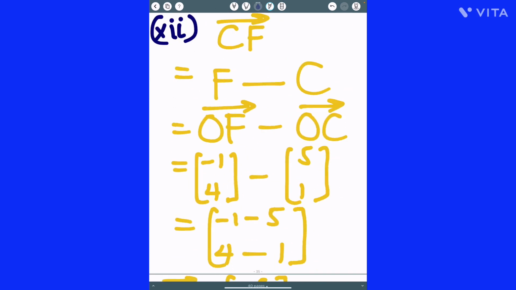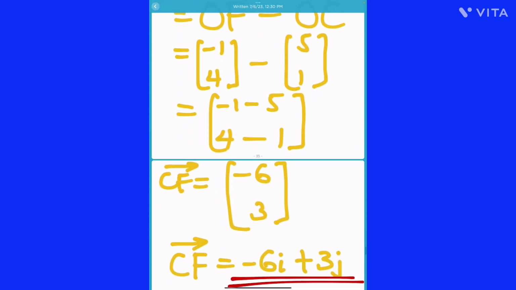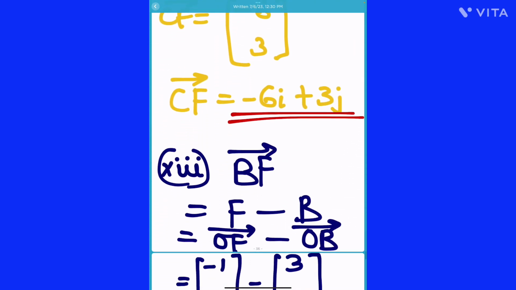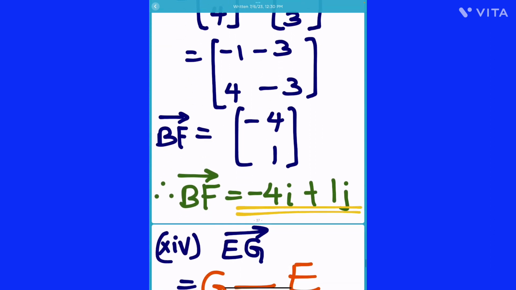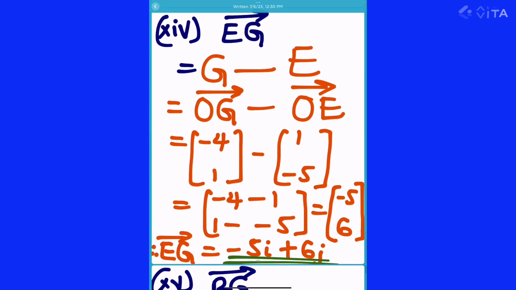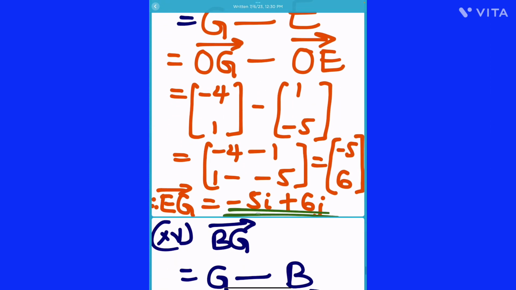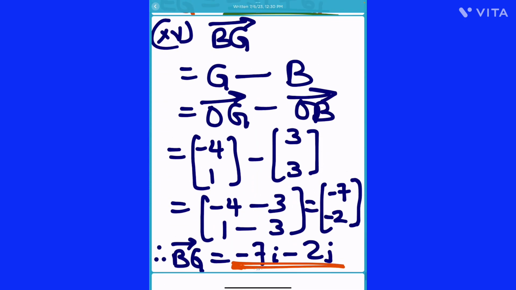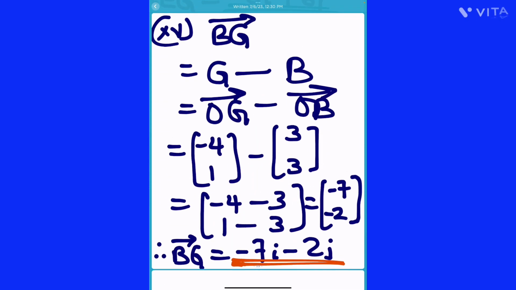Each of the rest, question 11, question 12, question 13, question 14, and question 15, is the same.